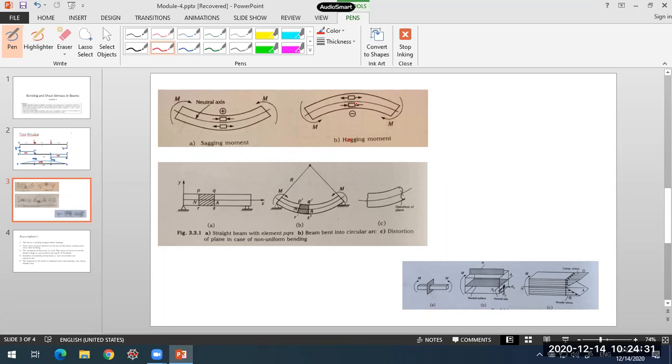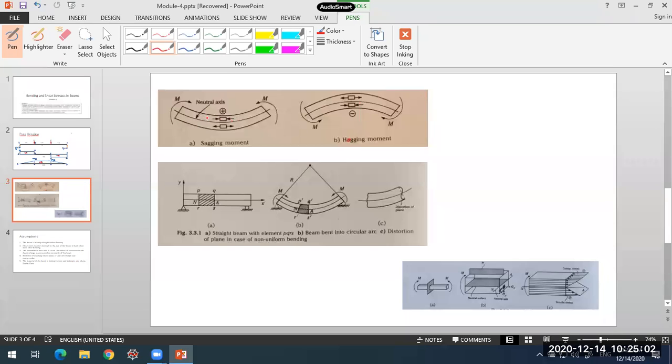So in the top region, tensile stresses will be set up, whereas in the bottom region, compressive stresses are set up. That is how the bending stresses come into the picture in the beam. So bending will induce both types of stresses, tensile as well as compressive, in the same member.